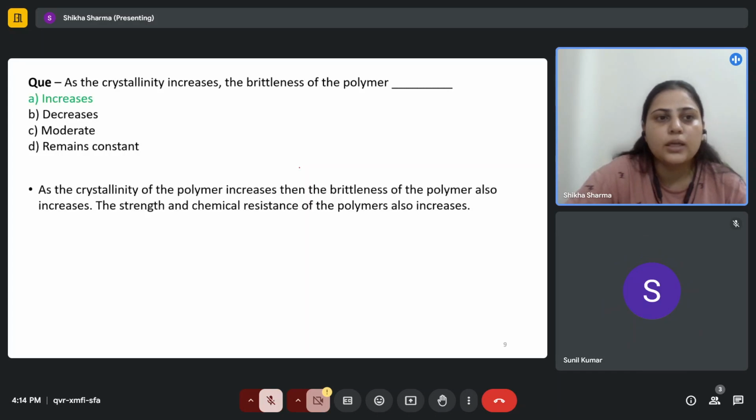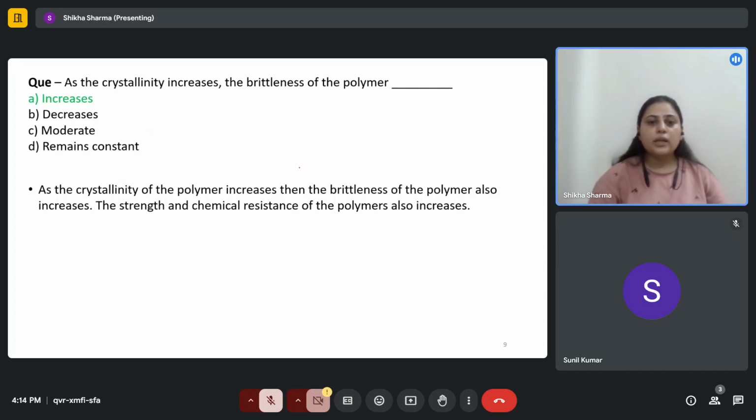Increase, as you say, the answer is correct, because when we increase the crystallinity of the polymer, the brittleness also increases. Also, the strength and the chemical resistance of the polymer increase. Why? Because the polymer will be in a more ordered structure.